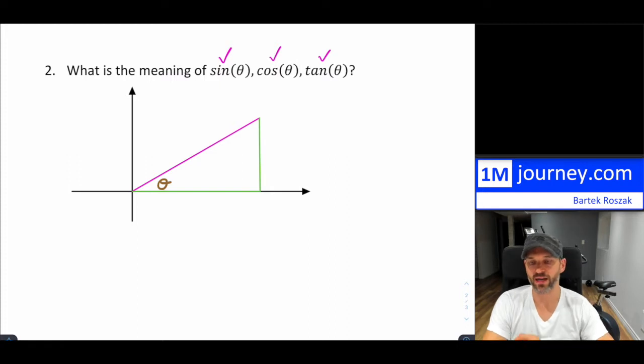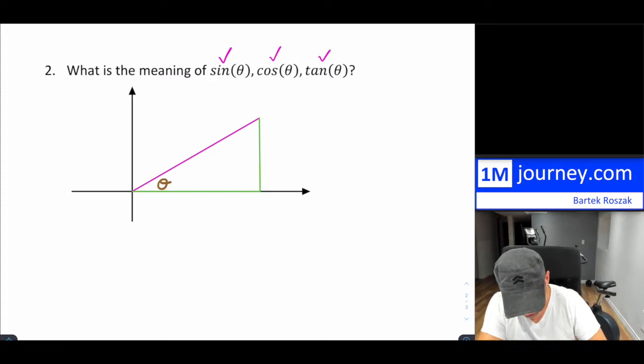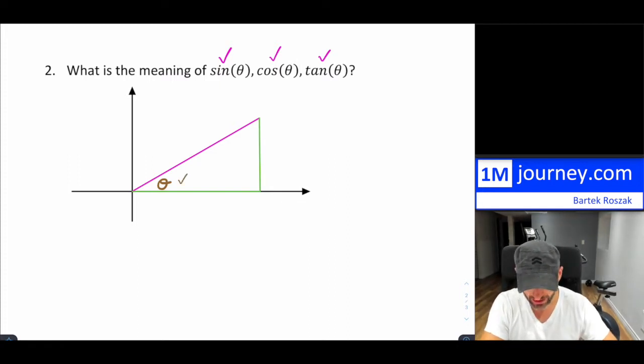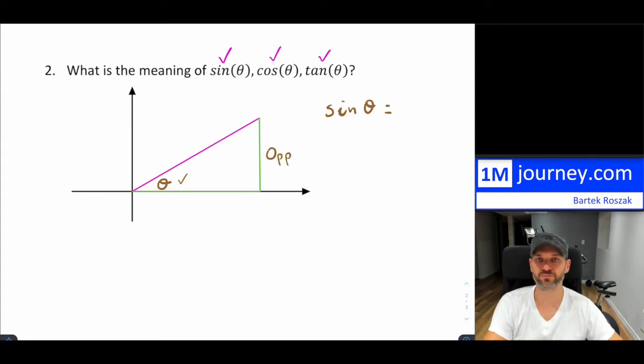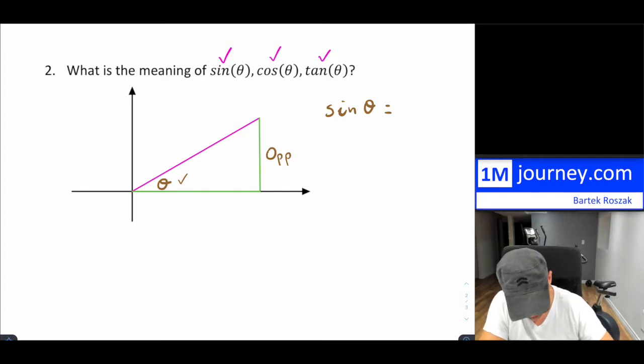It allows you to have that angle and define, for example, first, the meaning of sine of that angle, which is really just equal to your opposite side, whatever the length of the opposite side of that angle is, divided by the hypotenuse.